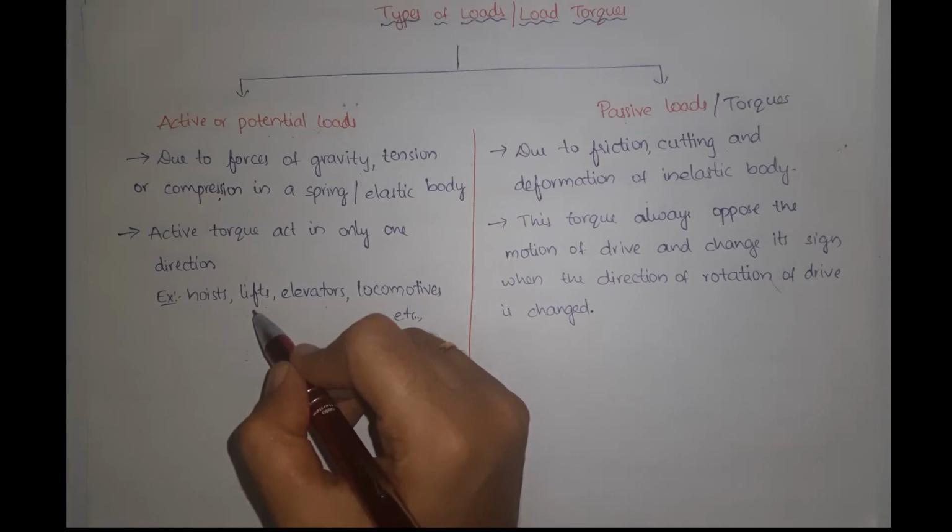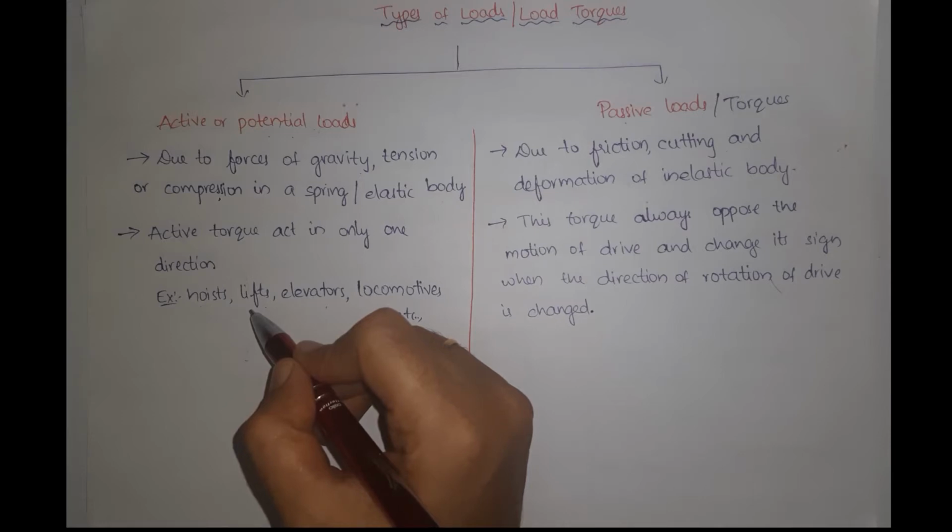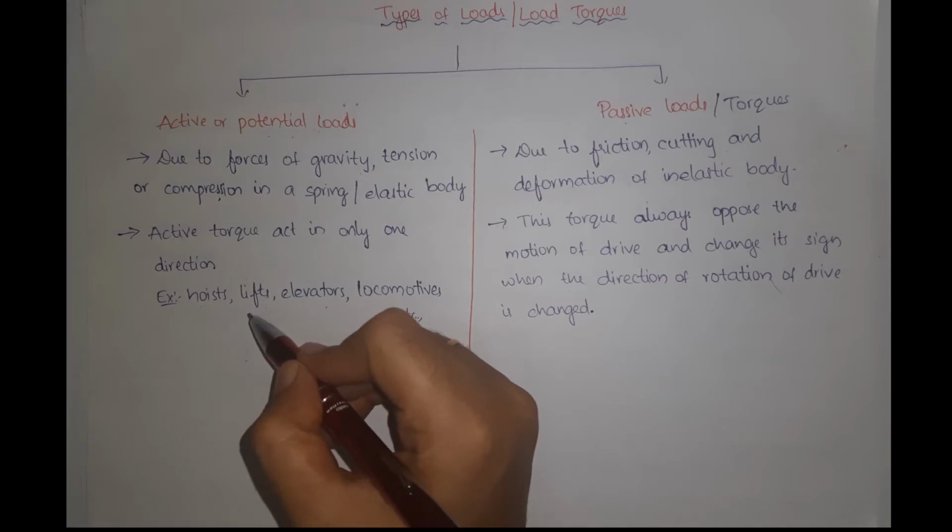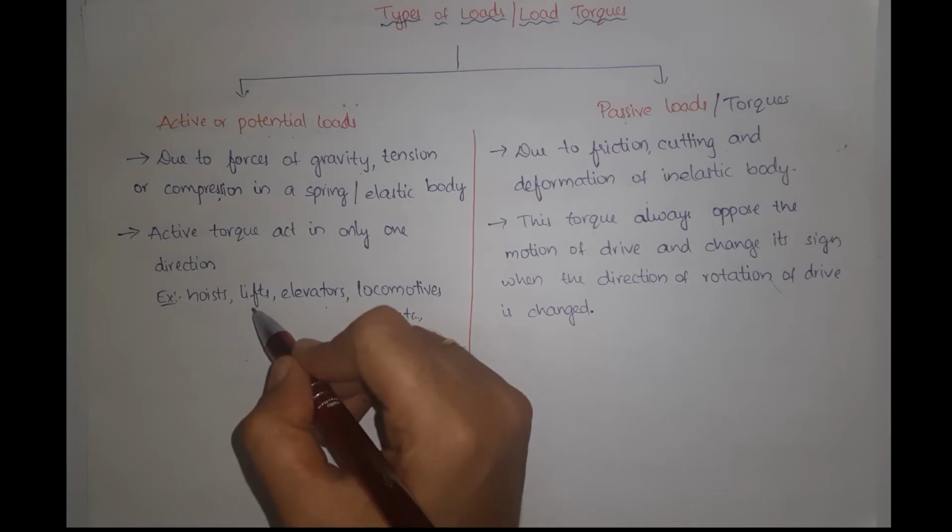When the object is moving from the ground to a certain height, we can say that it is carrying potential energy, right? Now the potential energy is directed upwards, but the force or the torque will always be directed in the opposite direction. That means it is always trying to push that object downwards. At the same time, if that object moves down to the ground, the torque is still directed towards the ground.